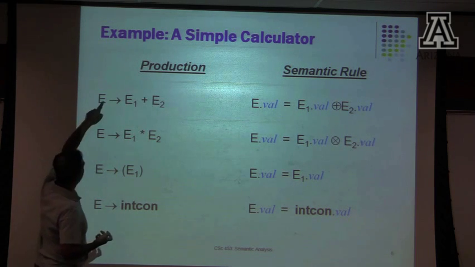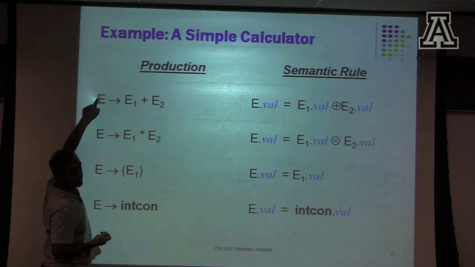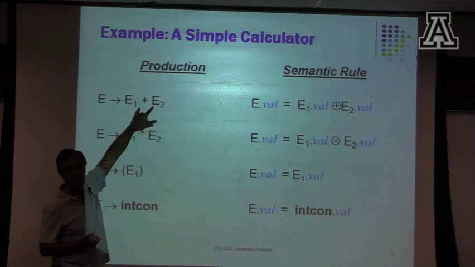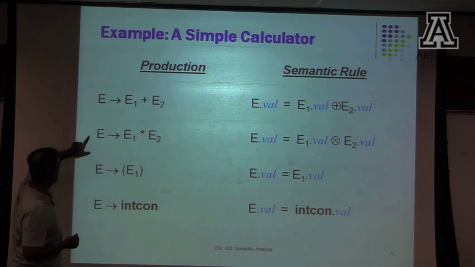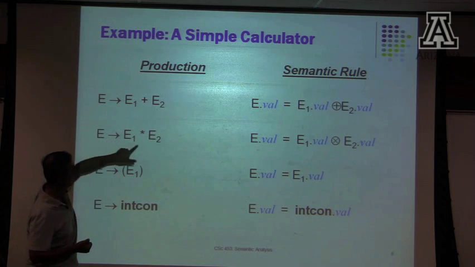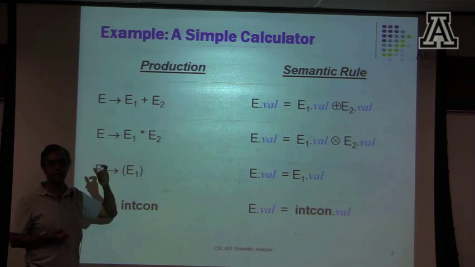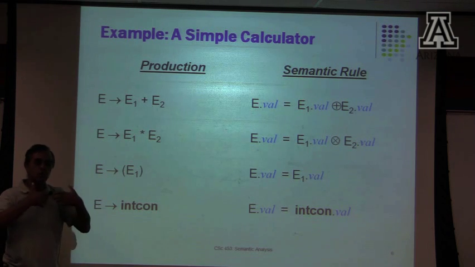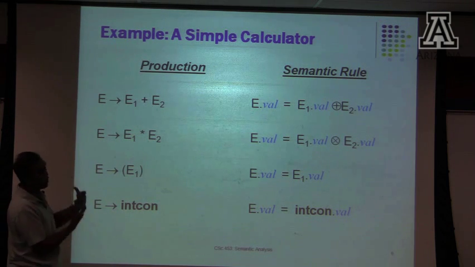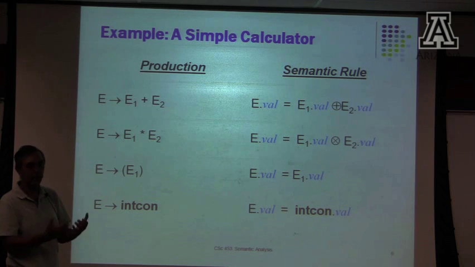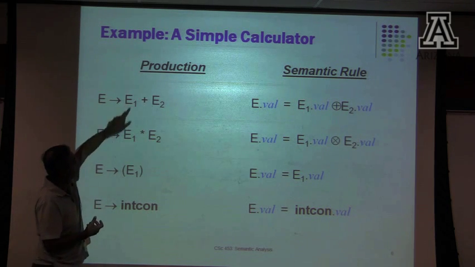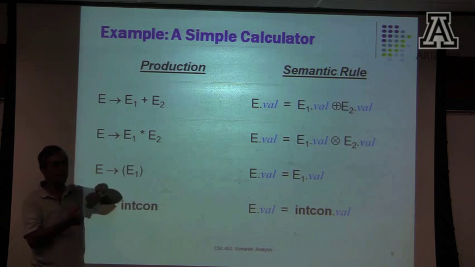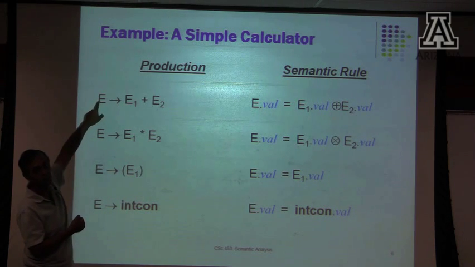Intuitively, the value of this guy is computed by taking the value here, computing the value here, and then summing them together, right? The value for this guy is take the value for this and the value for this and multiply them together. But if I want to write down in code what it is that I'm summing, I have to say something like, take the value of this one and the value of this one and sum them, and that's the value of this E node in the parse tree.